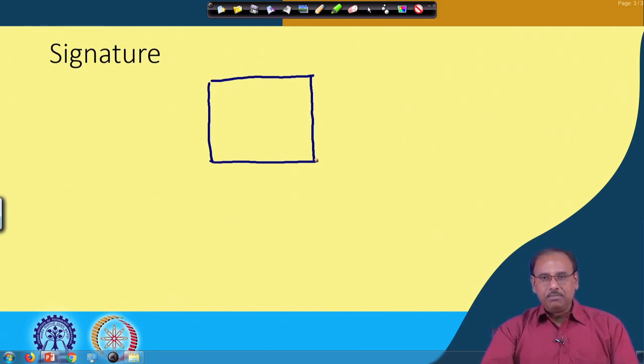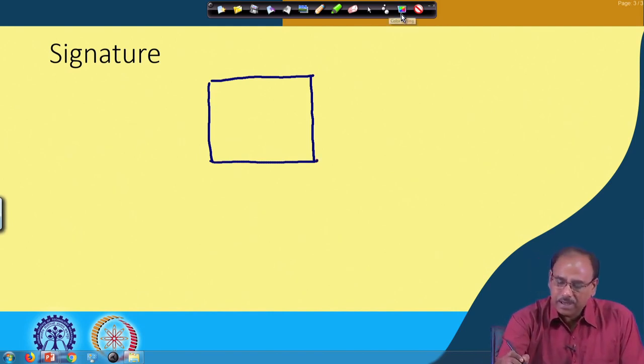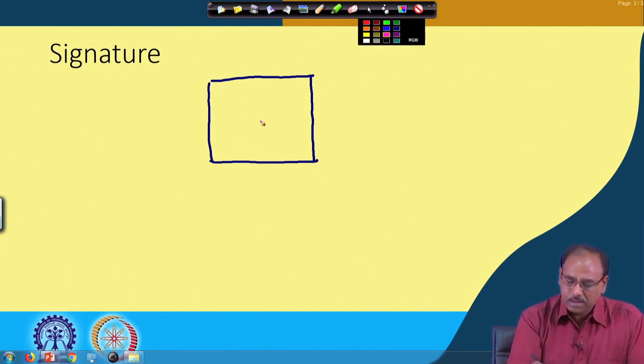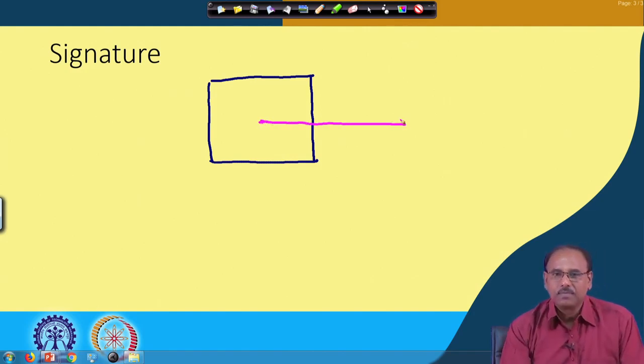As I have to compute the distance of different boundary points from the centroid of the shape in different orientations, I have to have a reference line. So, let me assume that my reference line is this. So, this is the centroid and my reference line is this one.